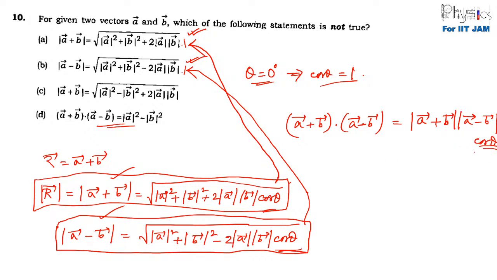Again, if cos theta is 1, then it is not required. Then we have a vector plus b vector, a vector minus b vector, right?